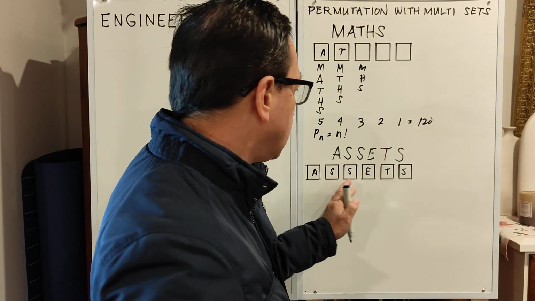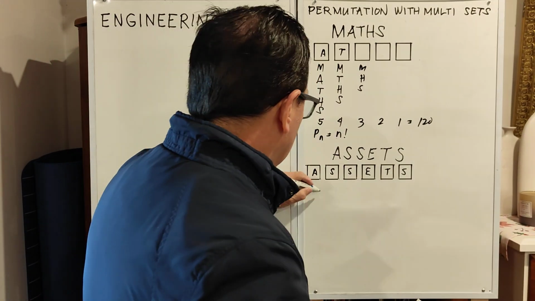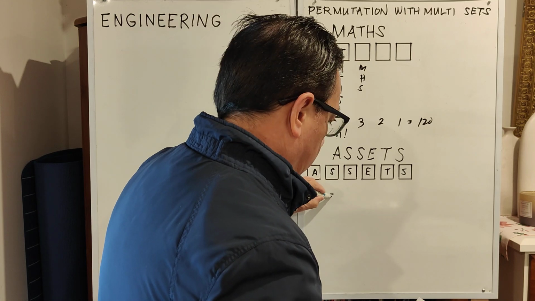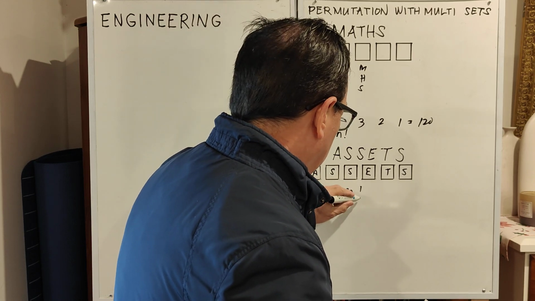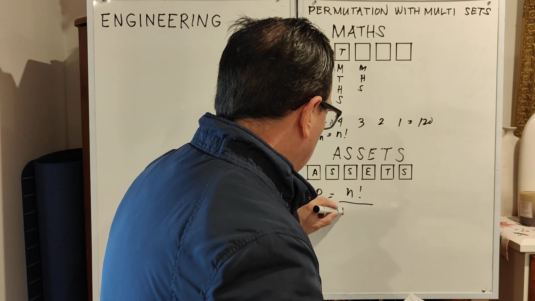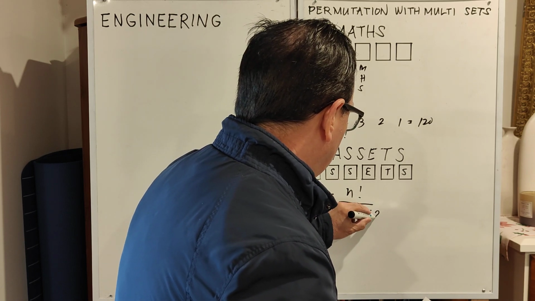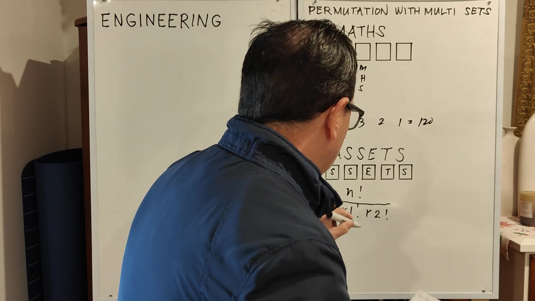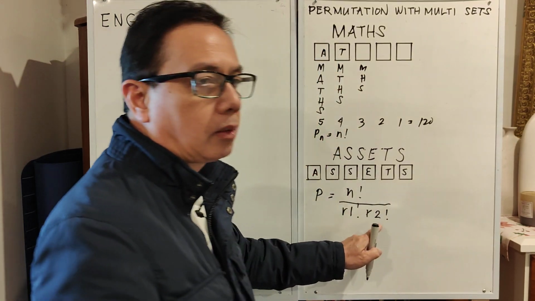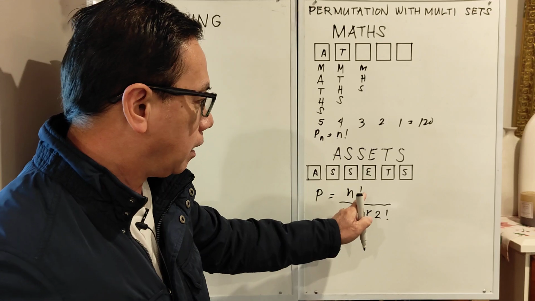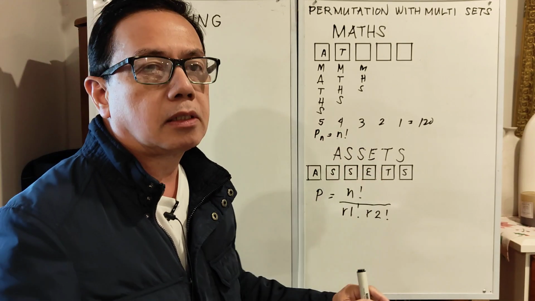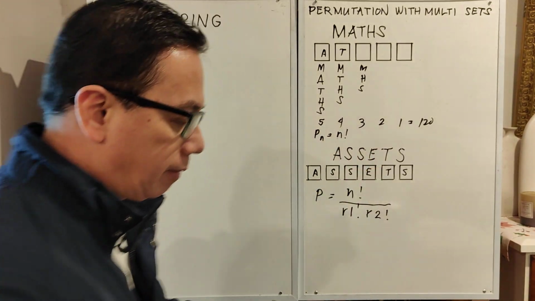So the formula for permutation with multisets is n factorial over r1 factorial times r2 factorial, and so on. So it could be more depending on the number of repeating letters.